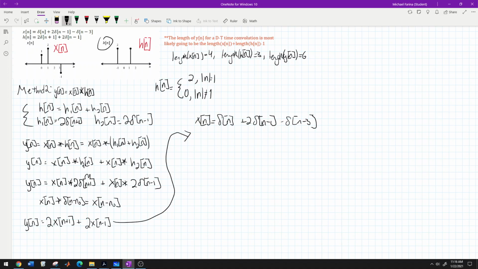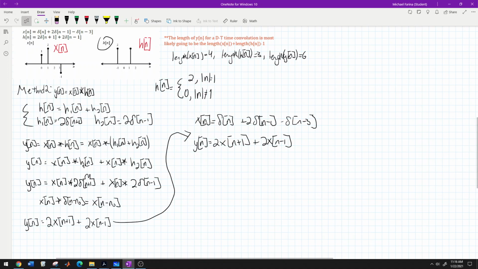We can replace x of n in our y of n. So y of n is equal to 2 x of n plus 1 plus 2 x of n minus 1.